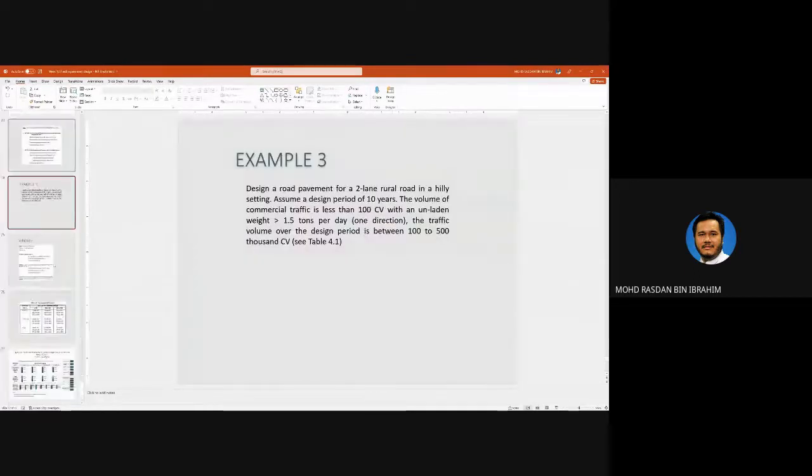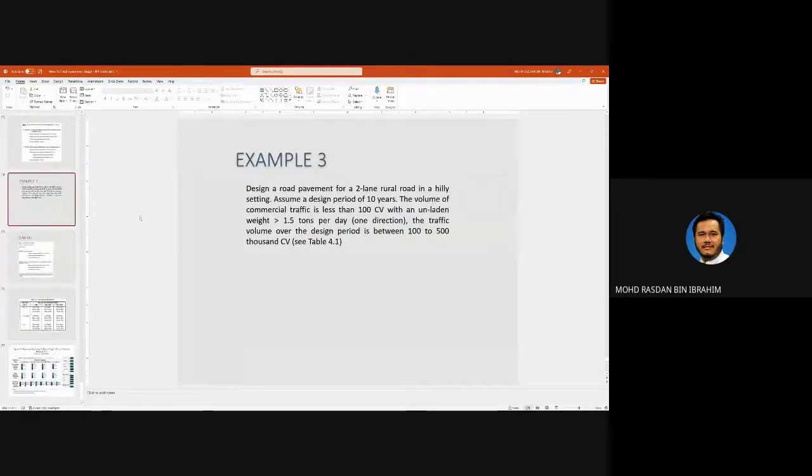So the last example, example 3. Design a road pavement for a 2-lane rural road in a hilly setting. Assume a design period of 10 years. The volume of commercial traffic is less than 100 CV with unladen weight more than 1.5 tons. The traffic volume over the design period is 100 to 500,000 CV. So refer to table 4.1.